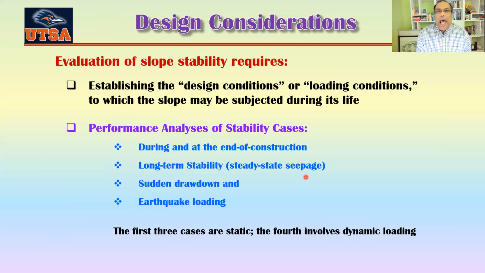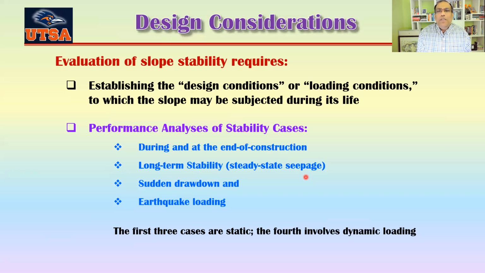But if you have different water levels at different sides of the slope, then seepage will occur and there will be different pore water pressure at different locations. As a result, the normal effective stress at the failure plane would be different.